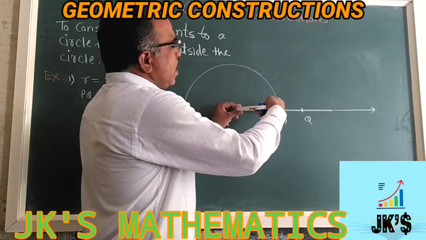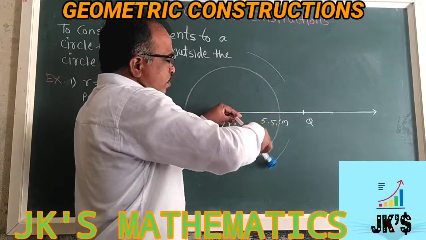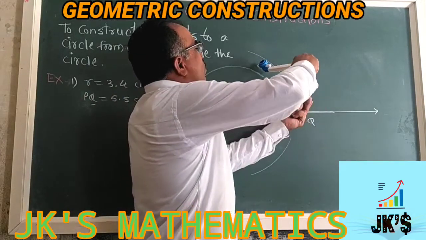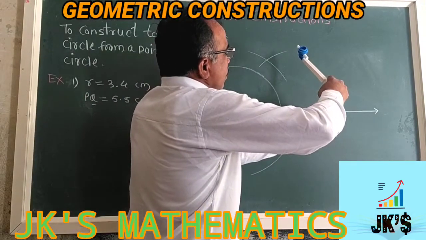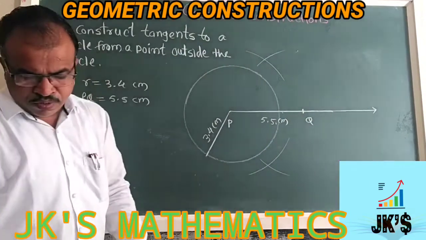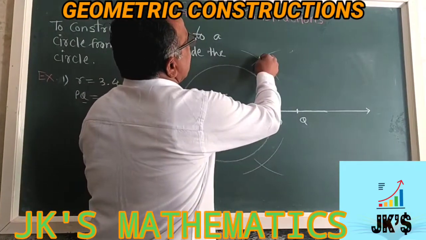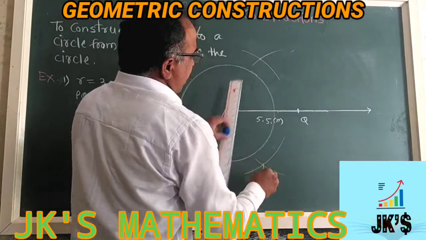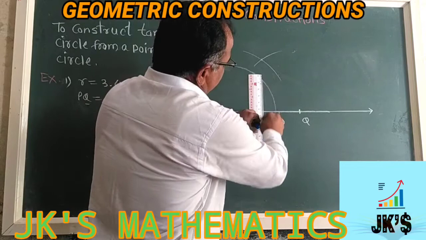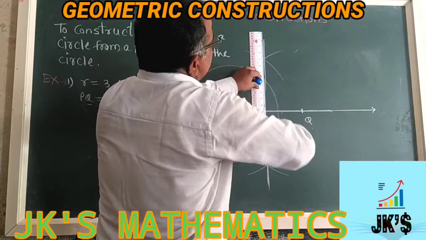Draw the arcs to both sides from P as well as from Q. Okay, when we see this, this is the perpendicular bisector of PQ.